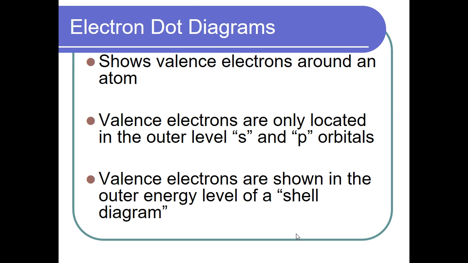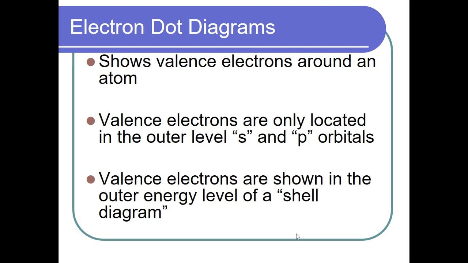The electron dot diagrams, or the Lewis dot diagrams, show where these valence electrons are around an atom. Valence electrons are only located in the outer level s and p orbitals. If you think about the electron configurations we just did, it would only be the s and the p, because the d is always one energy level below. If we're talking about 4s, 4p, then there would be a 3d.